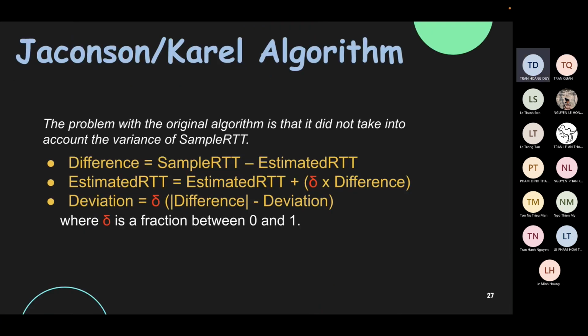So the final algorithm is Jacobson and Karels. The problem with the original algorithm is that it did not take into account the variance of sample RTT.